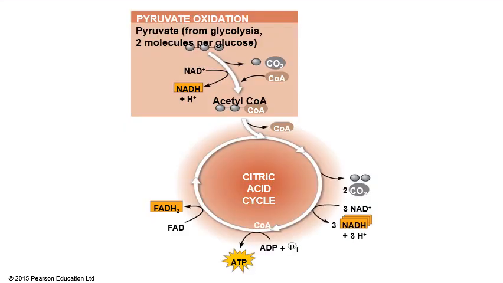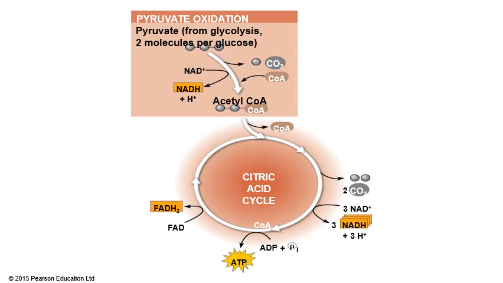This one is showing you the productivity of the citric acid cycle, the Krebs cycle. Actually the molecule that joins into the citric acid cycle is acetyl coenzyme A. When it joins the cycle, coenzyme A is released.